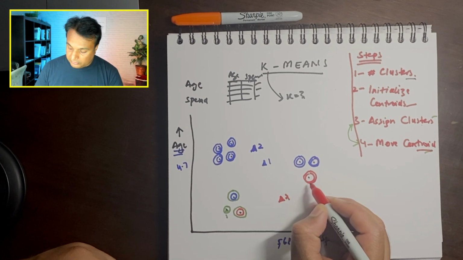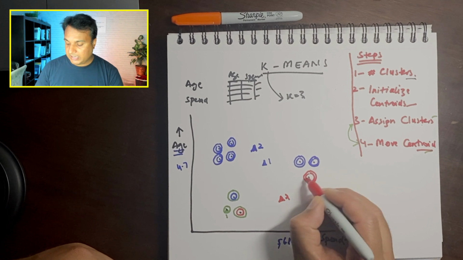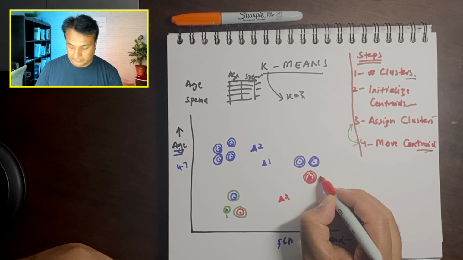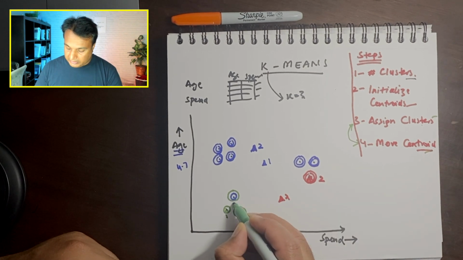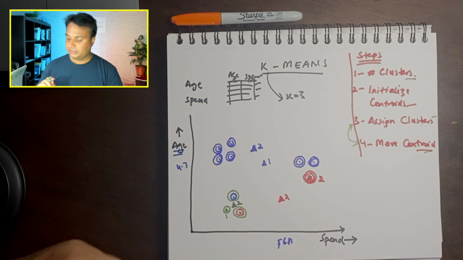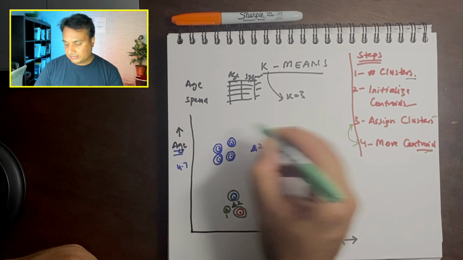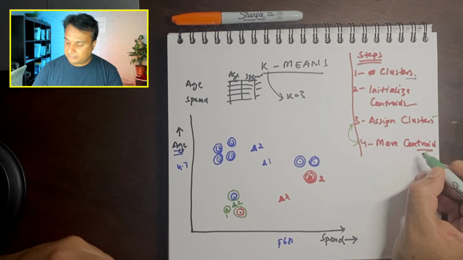Now for red, there is only 1 point with the red cluster assignment, and when we take the average of it, this itself will become the red centroid. Since all of these 3 are green, its centroid will be somewhere in between these. The number I've written, 1, 2, is the second iteration of this. Cool. Now again, we have moved the centroids.